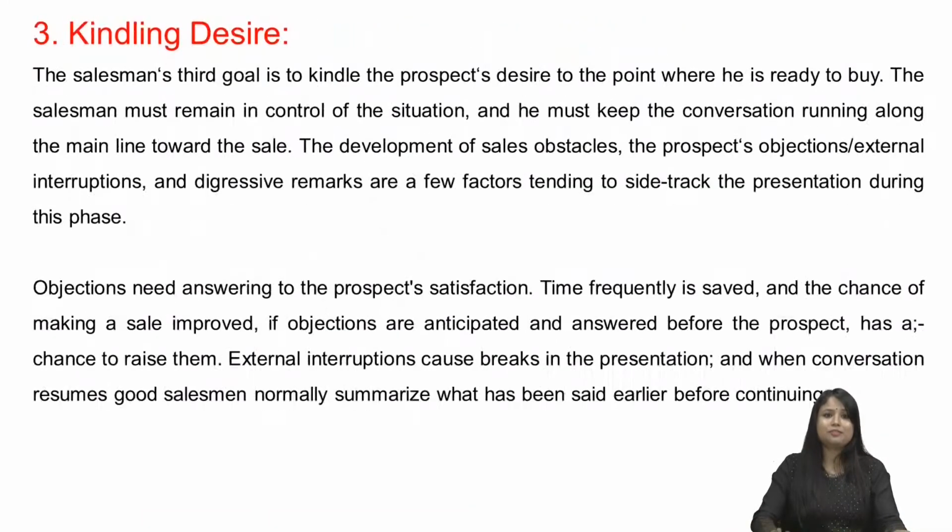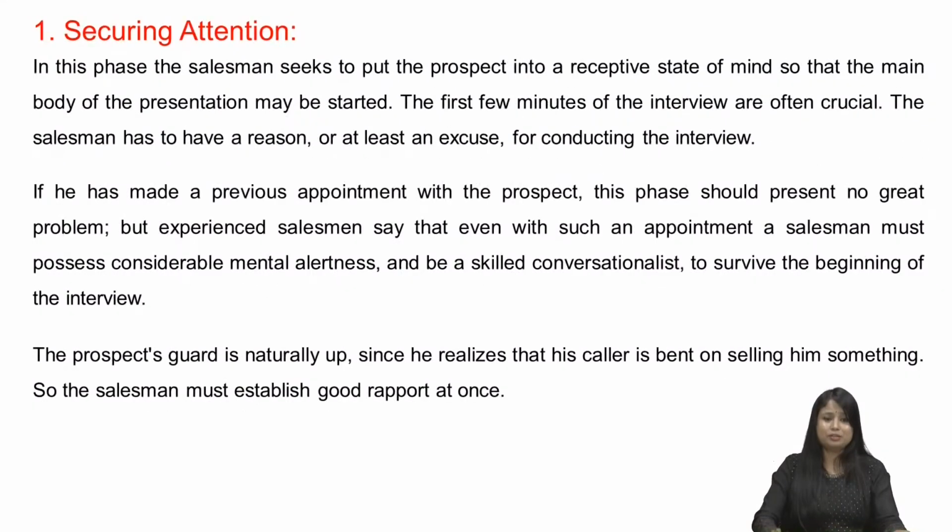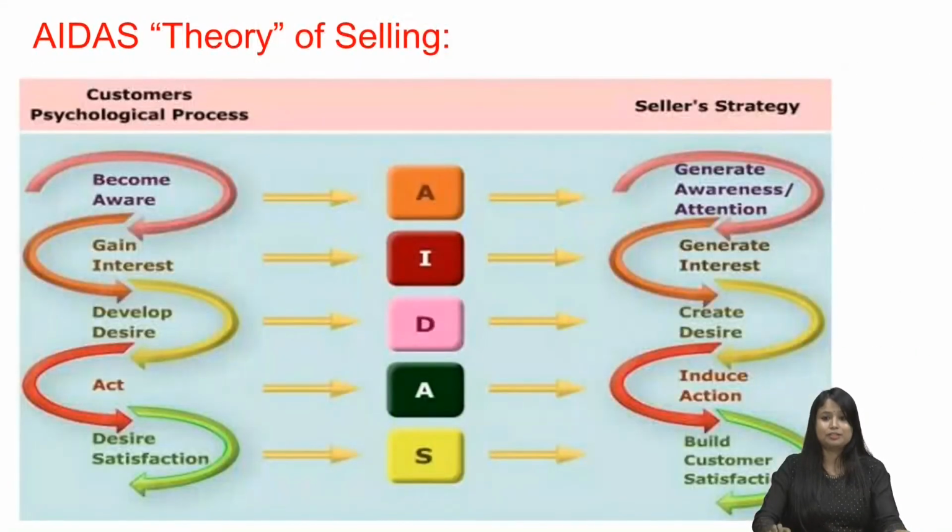So again, with an example we can come to know about this AIDAS theory. We are taking examples so that it will be easy to know this AIDAS theory. So taking for example any product like a Lakme product. What do they do first for creating awareness, or for drawing the attention? What does that company, that organization do?